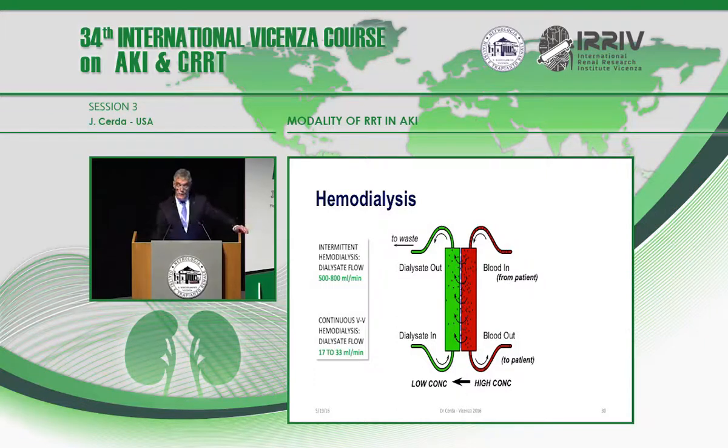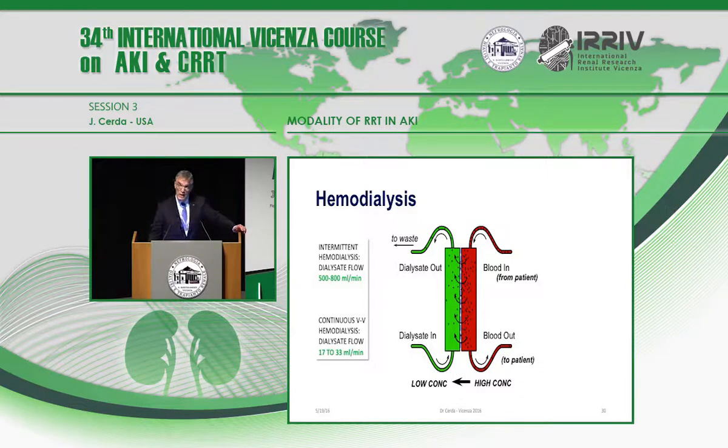But remember that when we look at intermittent hemodialysis, the magnitude of the dialysate flow is enormously larger than the magnitude of the flow in continuous hemodialysis. And therefore, we go from 500 to 800 ml per minute in hemodialysis versus 17 to 30 to 50 ml per minute in continuous VV hemodialysis.